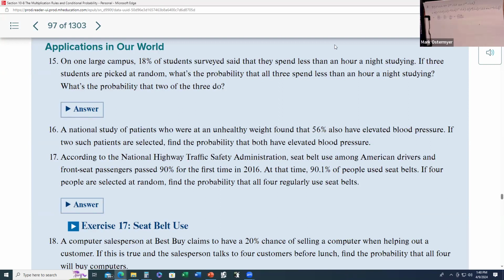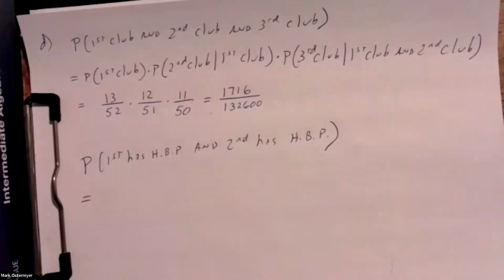So the probability they want us to compute is the probability that the first selected has high blood pressure, and the second patient selected has high blood pressure. I have a question for you, ladies and gentlemen. Are these two selections independent or dependent events? What do you think?